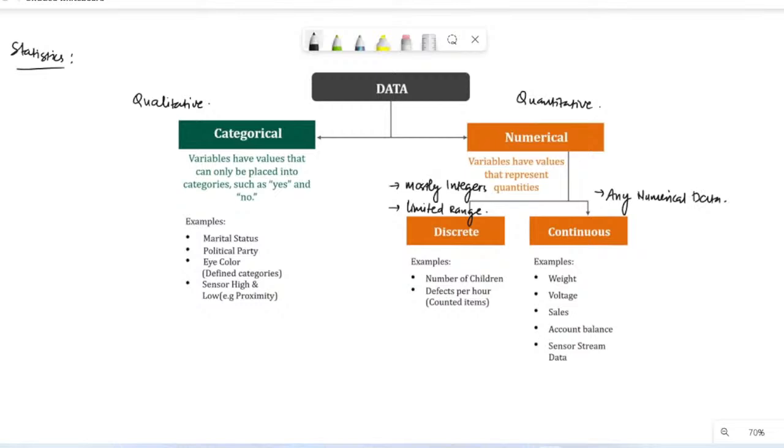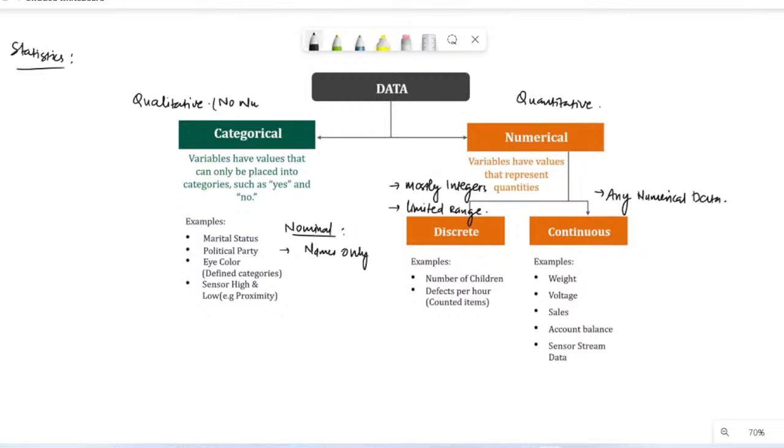Categorical is divided into many subsections. Nominal. What is the meaning of nominal type of data? You can call it names only. What is important about the categorical is that in this case there will be no numerical value.